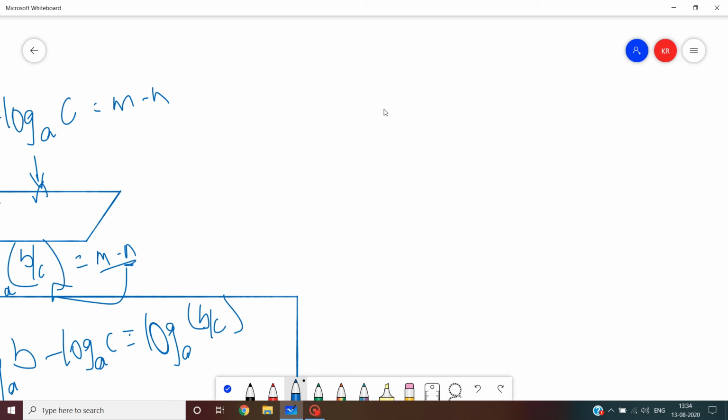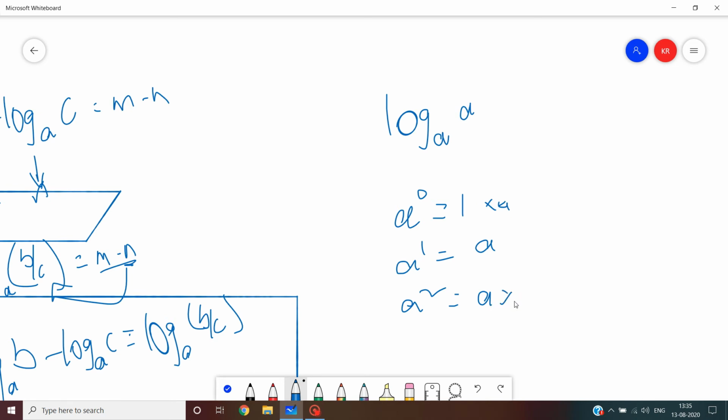Let's see some other one, like log to the base a of a. I'll get the same result as my base. If I take a growth rate of a, at present I will have a, and for the next year my growth rate will increase, and a square means a into a.